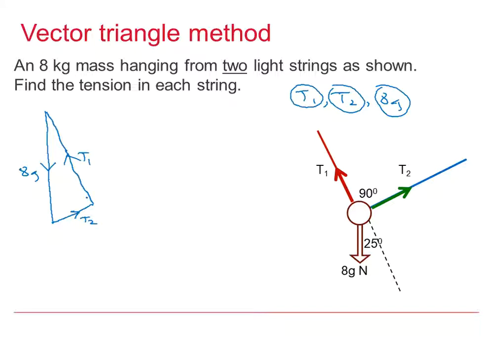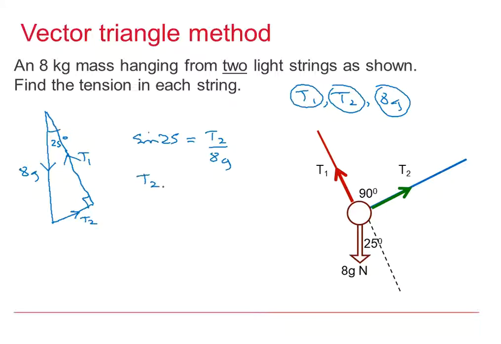I know that T1 and T2 are perpendicular. And I know the angle between T1 and 8G is 25 degrees. So all I've got to do now is to do some trigonometry. So now I can say things like sine 25 is opposite, which is T2, over hypotenuse, which is 8G.